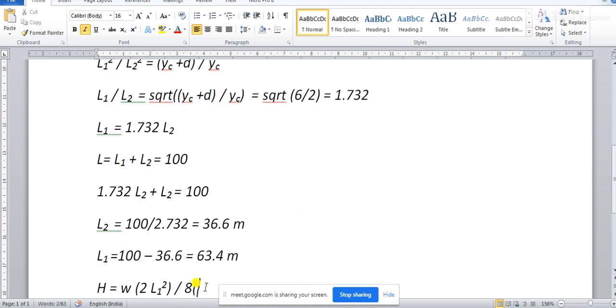Now you tell me what will be the value. It's very simple now. Can anyone tell?